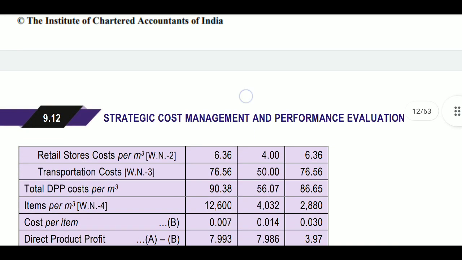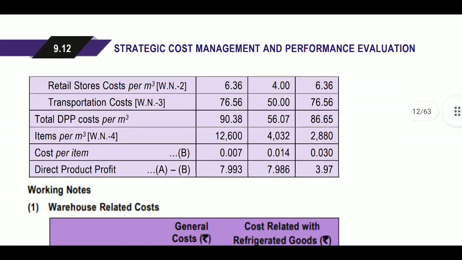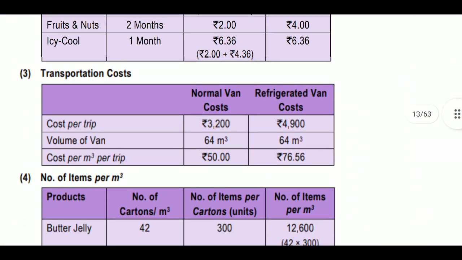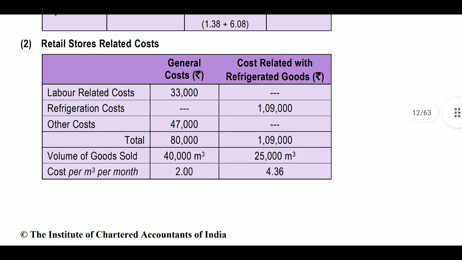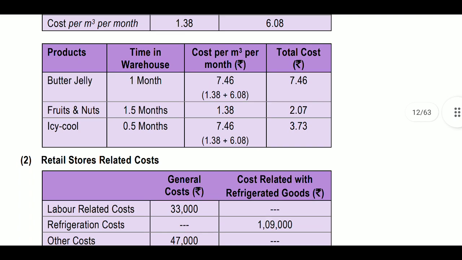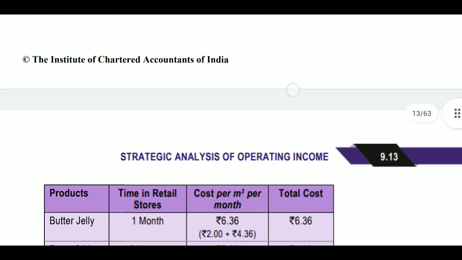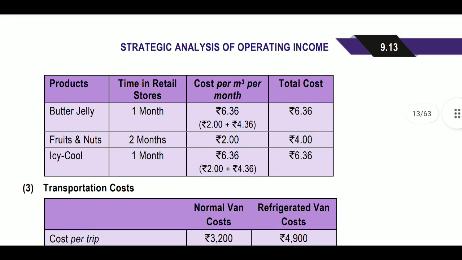For total cost we will take the warehouse total cost, same as retail also. How did we calculate the retail cost? For this we take the related cost and divide by the value, and we will get the cost per month, and with that cost per month we will calculate the total cost. For the total cost, 1 month was provided, 6.36.